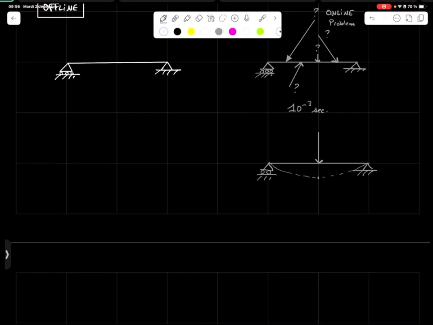Okay, so now your boss tells you, you have now 1 week to perform pre-computations. And your question is, what pre-computations should you perform in order to minimize the error on that displacement here? That's the question.